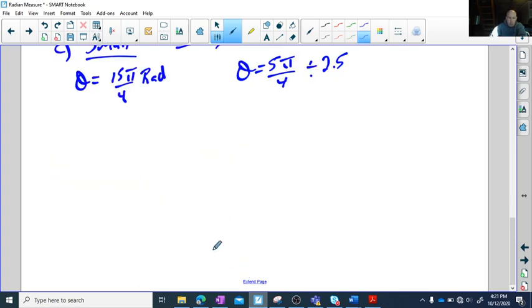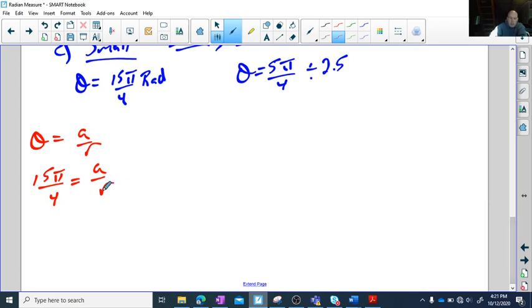Or, conversely, because you know the radius of this wheel, I'll show you the other way. So the other way is take your formula, theta equals A over R, fill in your theta, 15 pi over 4 equals the arc over the radius. The radius of the small wheel is 4 centimeters. Solve for arc.